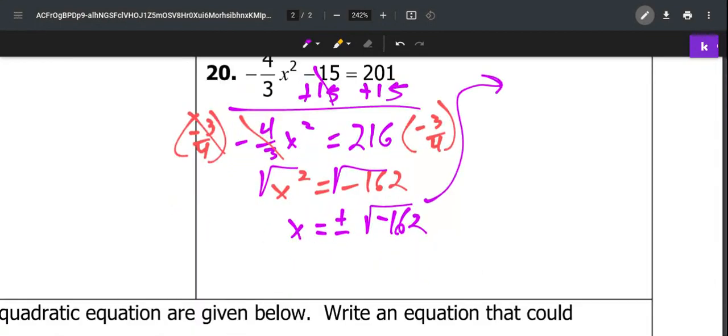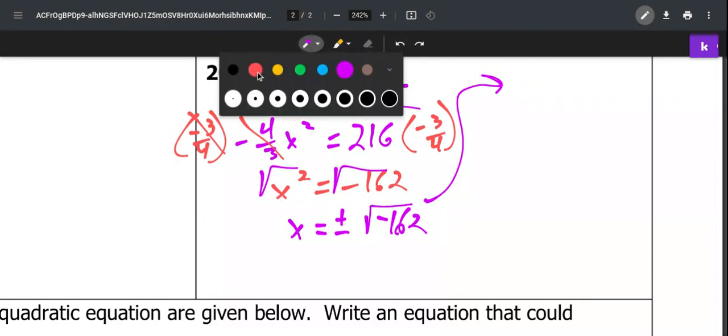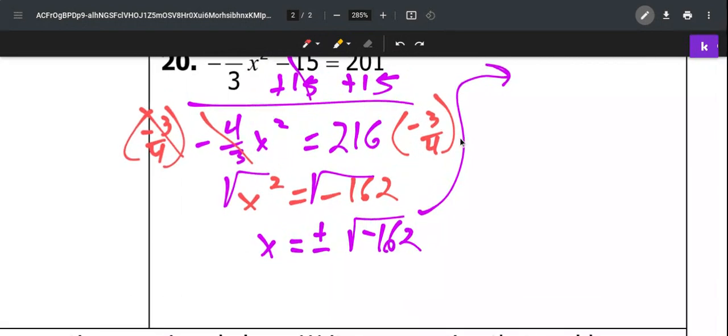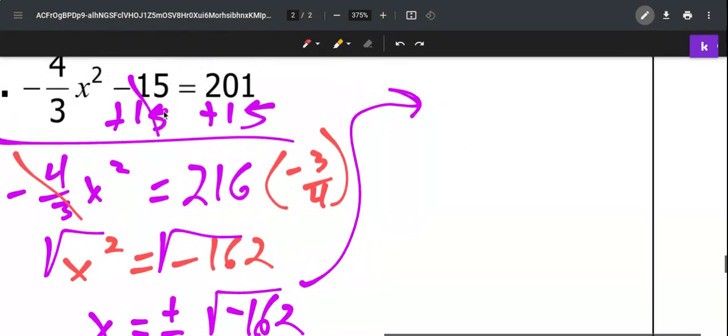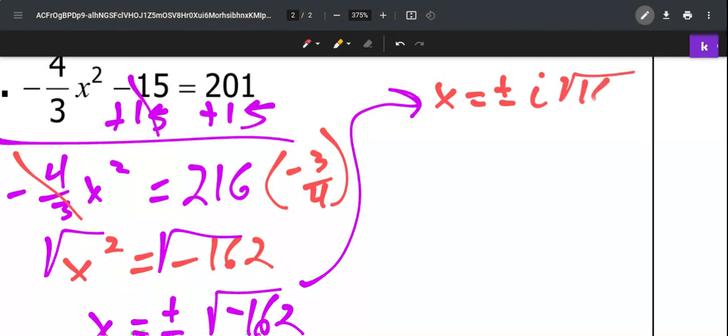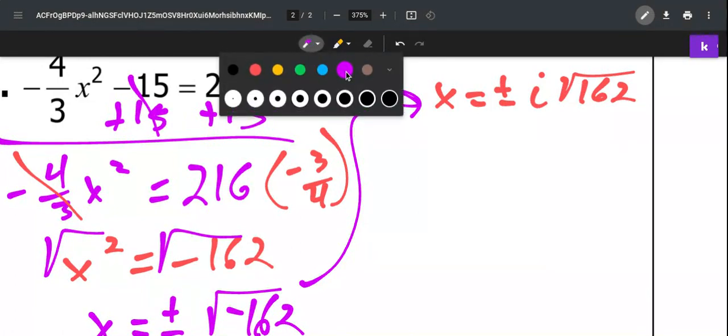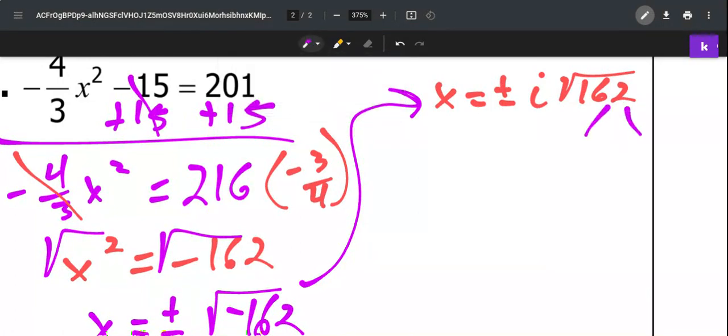So we're going to take the negative out of the radical. So x equals plus or minus i radical 162. Now we can break down 162 into two factors that give me 162 when I multiply them.